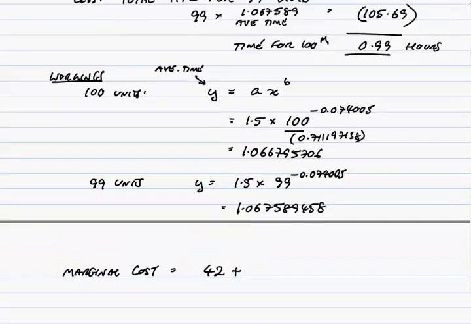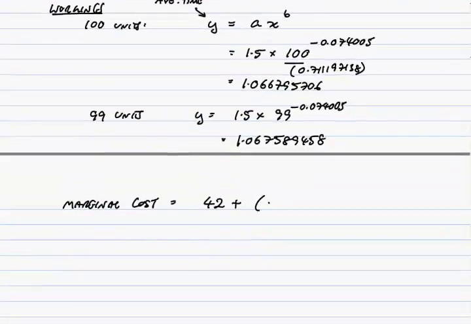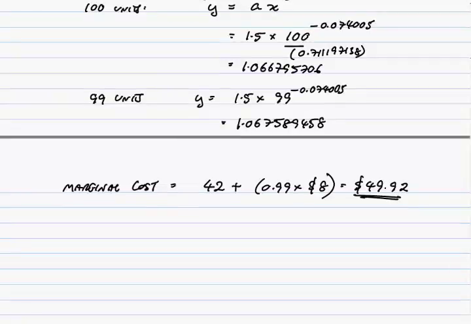Well, it's $8 an hour, 0.99 hours at $8 gives me a total of $49.92. I think the examiner got slightly different, but that's purely rounding, no problem. So that's part 2, 6 marks.